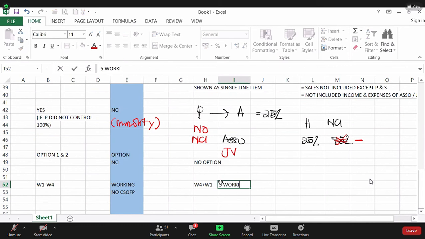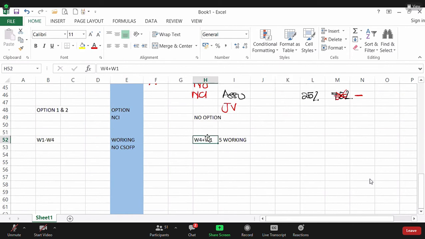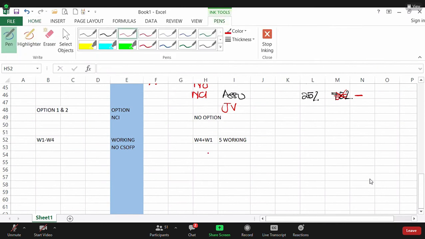So what is the extra 1? This is only for consolidated SOFP. The 1 means this one is for investment in associate or JV, for you to calculate the working for investment in associate or JV.